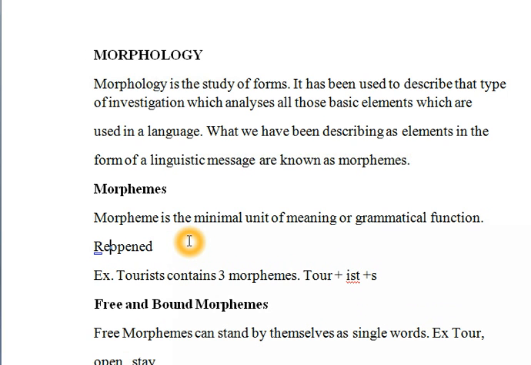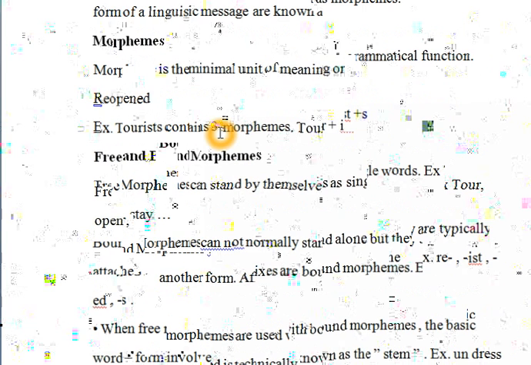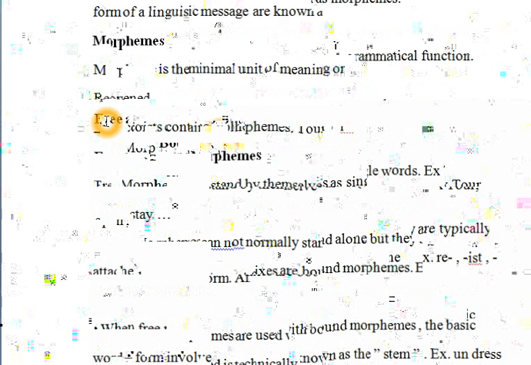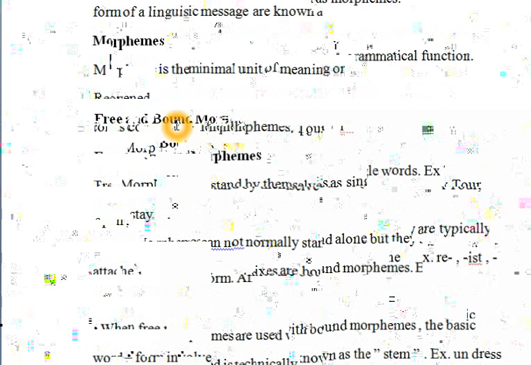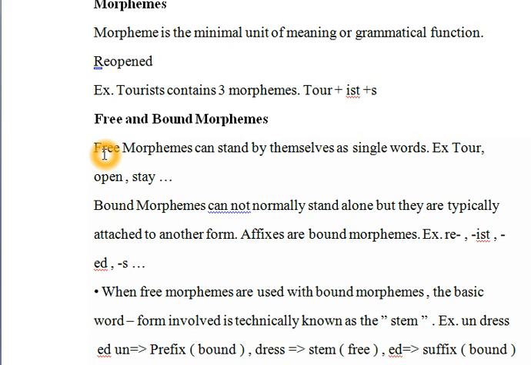We have two main types of morphemes. The first one is called free morphemes, and the second one is bound morphemes. Free morphemes are also subclassified into 2 types.